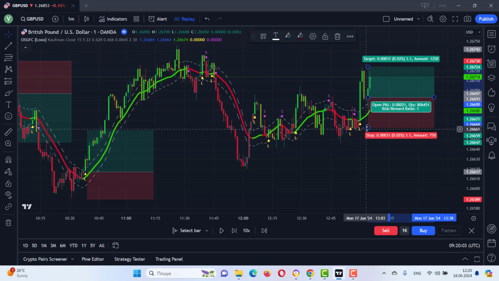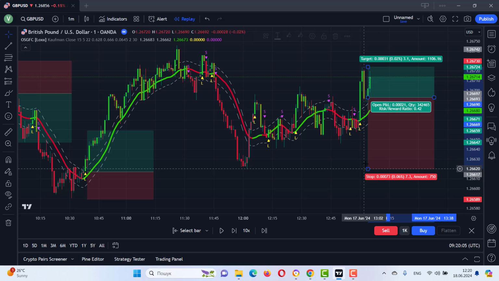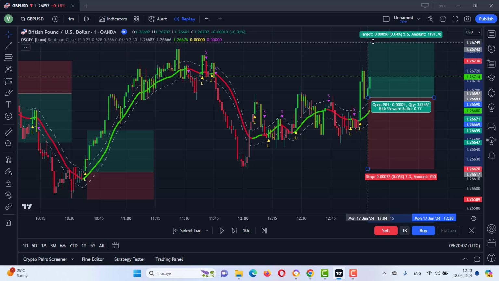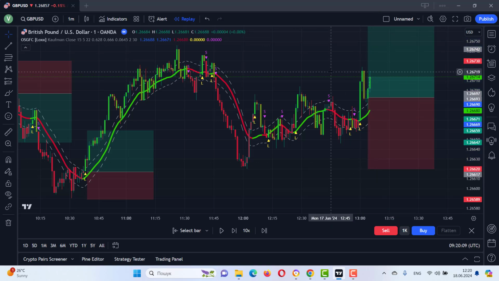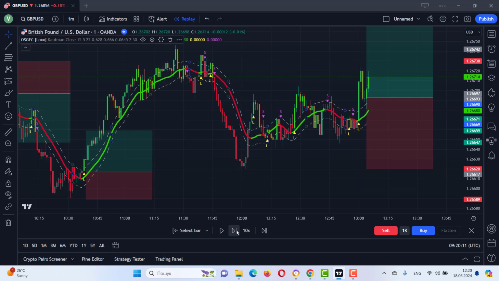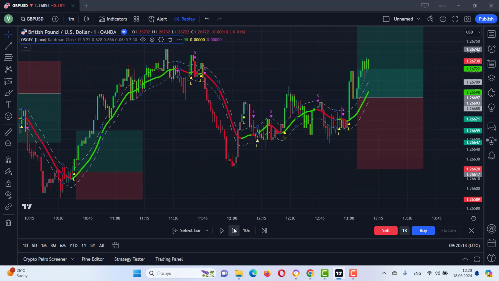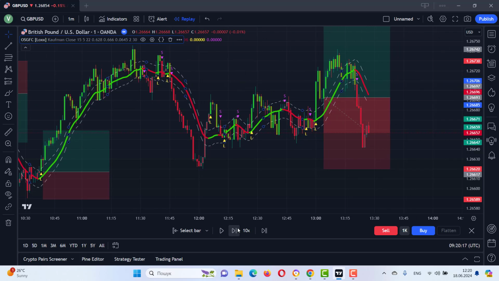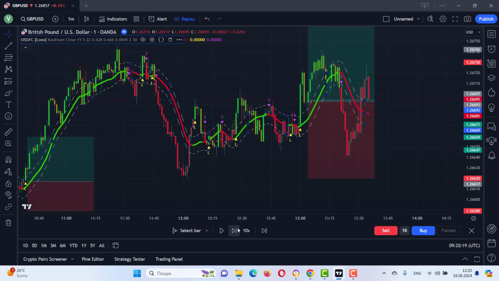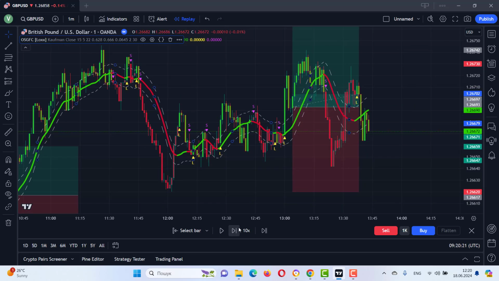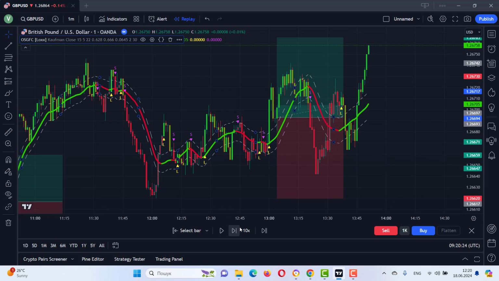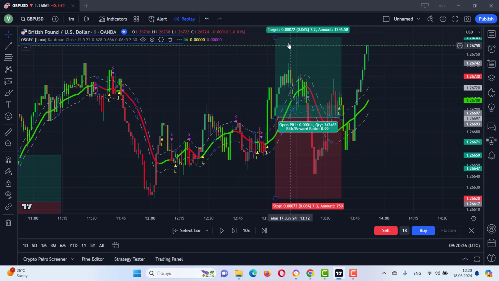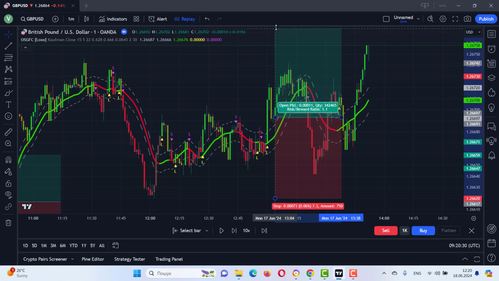Stop loss. Let's see about that. Challenging levels. Let's follow where it leads. Take profit. Indeed, there is a take profit. We need to delve a bit deeper.